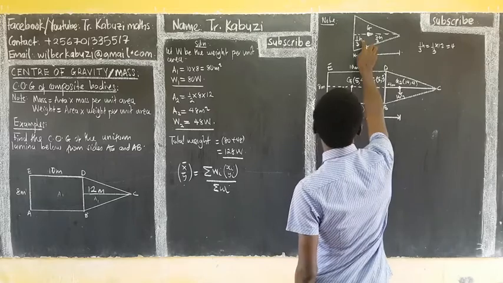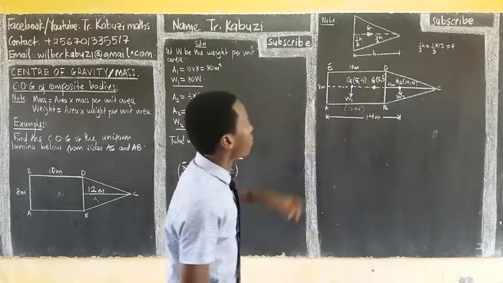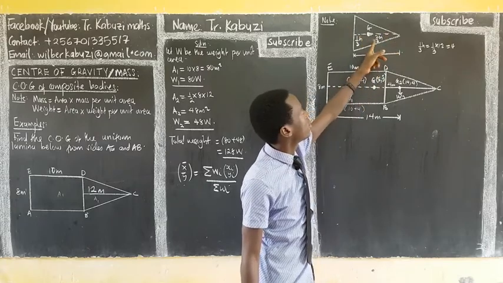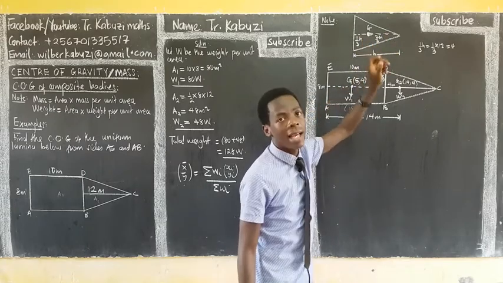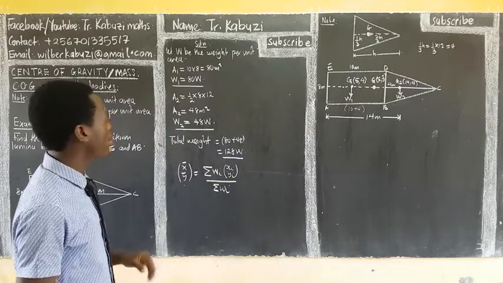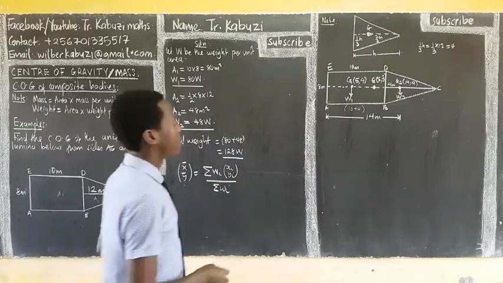From here, you always need to know that from the vertex it is 2h over 3, and from the base it is 1 over 3 of the height, as simple as that. So the rest, we just substitute into our formula.